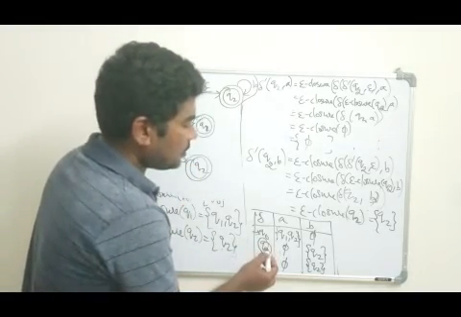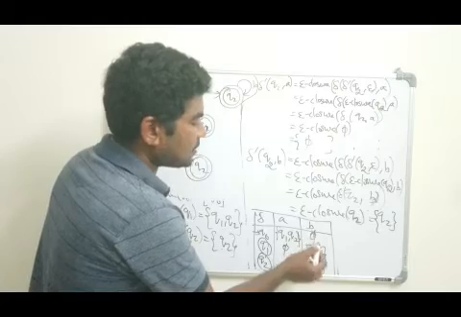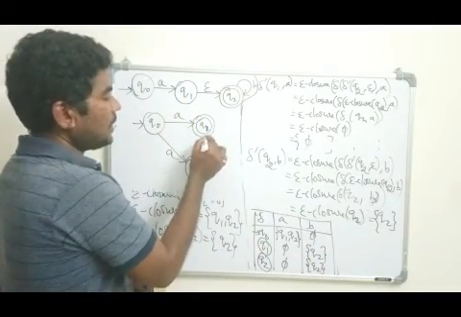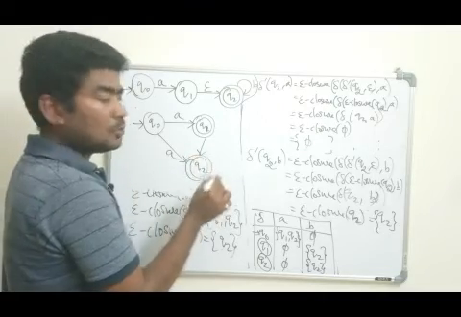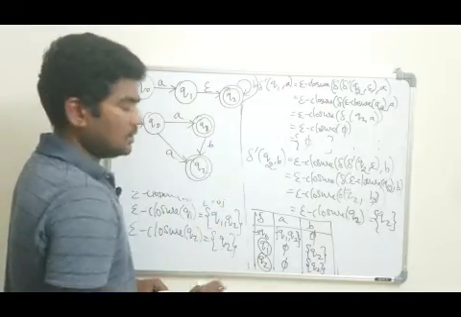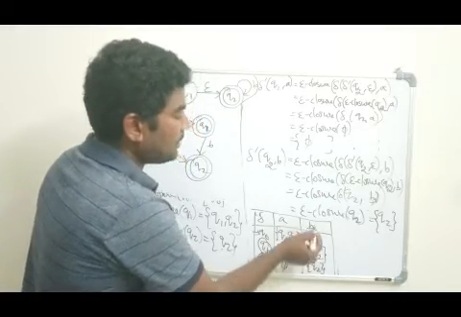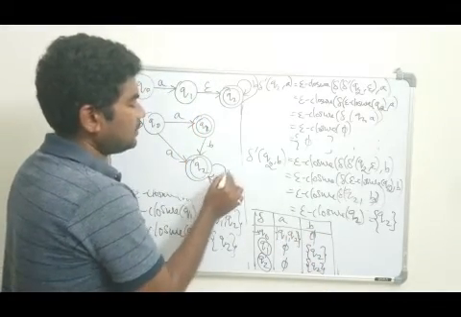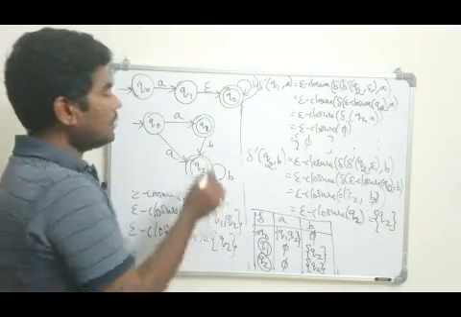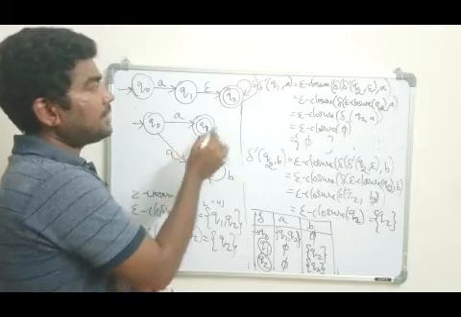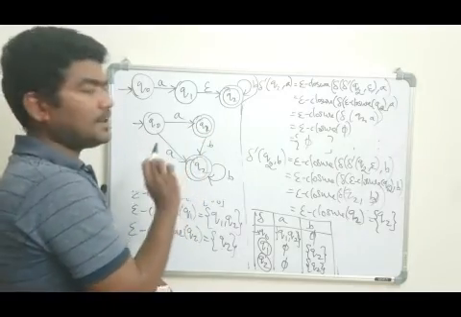Then Q1 is doing a transition to Q2 by getting an input of B. And Q2 is doing a transition to Q2 by getting an input of B. Okay, now we have eliminated the epsilon and we have drawn the converted NFA, that is, without epsilon.